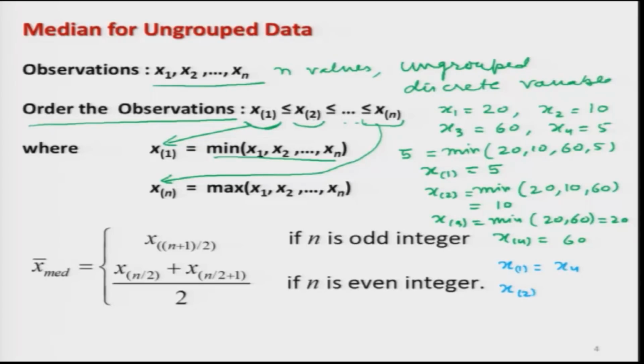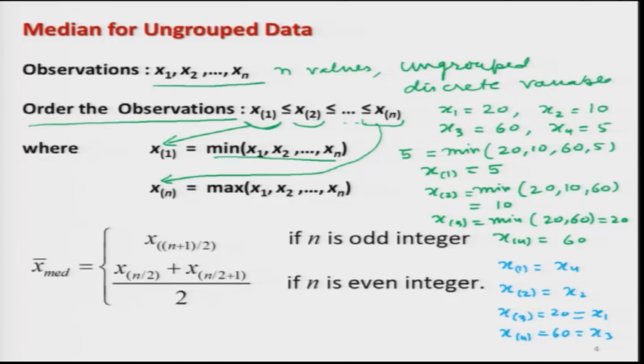Similarly, the second ordered value is the same as the second unordered value, and the third ordered value is 20, which is the same as x1, the first unordered value, and the fourth ordered value is 60, which is the same as the third unordered value. So, you can see how the ordered and unordered values are interrelated.